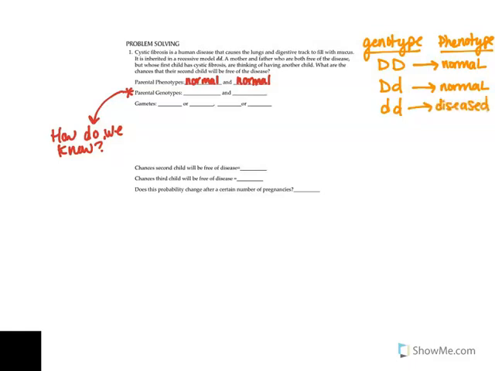I'll just keep it as diseased. So those are my different phenotypes. So what are my parental genotypes? I'm actually going to do different Punnett squares to help me figure this out. The parents are not homozygous recessive because they don't have cystic fibrosis. The question told me that. So it could either be homozygous dominant or heterozygous. Let's try and figure that out.